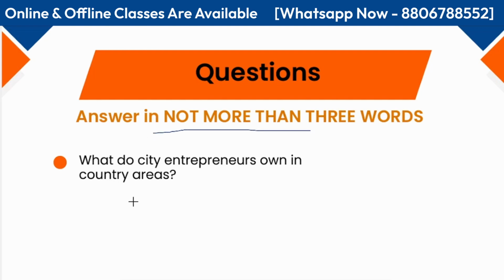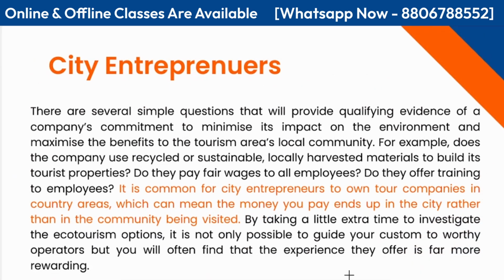And the question is, what do city entrepreneurs own in country areas? So what do they own? If you've gone through the passage carefully, you will understand that the 6th line of the passage states, it is common for city entrepreneurs to own tour companies in country areas, which can mean the money you pay ends up in the city rather than in the community being visited.